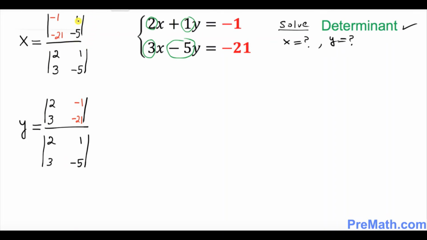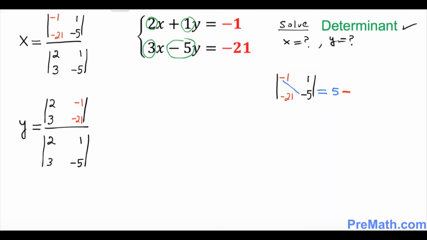Now we're going to find the value of these determinants. Here I have put down this top determinant, and I'm going to evaluate it. Let me show you a really super easy method. Cross multiply this way: -1 times -5 is +5, and after that one always put down a minus sign.